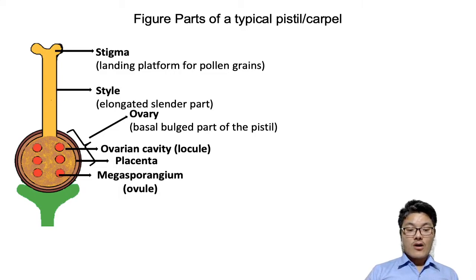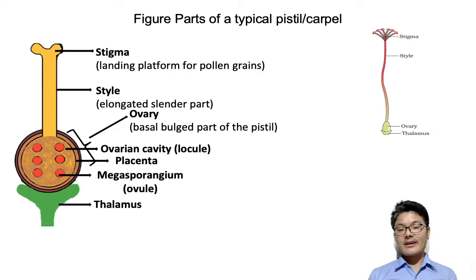Now within the ovule we have the female gamete, and all these structures, stigma, style, ovary, represent the pistil or carpel, and the pistil is usually attached to the platform where the parts of the flower are growing. That is called thalamus or receptacle.